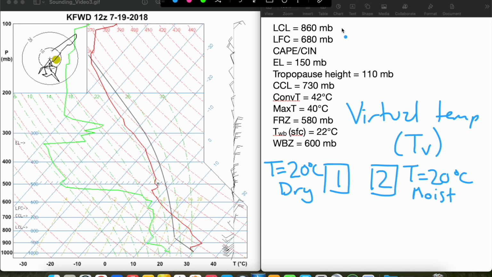Now, a couple of things to know before we get into this discussion, and that is that water vapor is less dense than dry air.